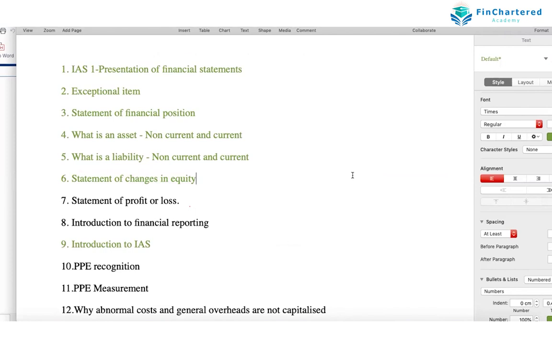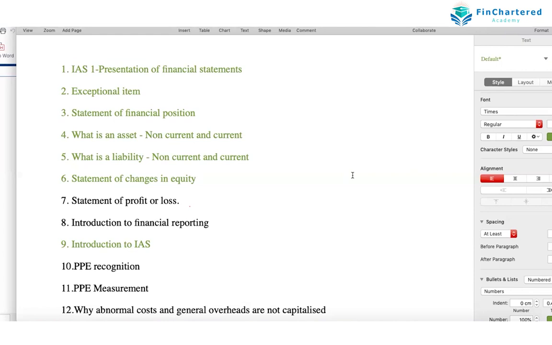Just like in a Netflix series, all the episodes need to be uploaded. Same way, all the financial statements need to be there. IS1 outlines that. Exceptional items are those items that fall in the financial statements that don't happen on a day-to-day basis.